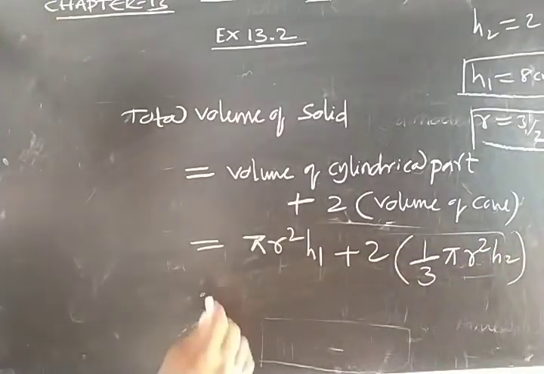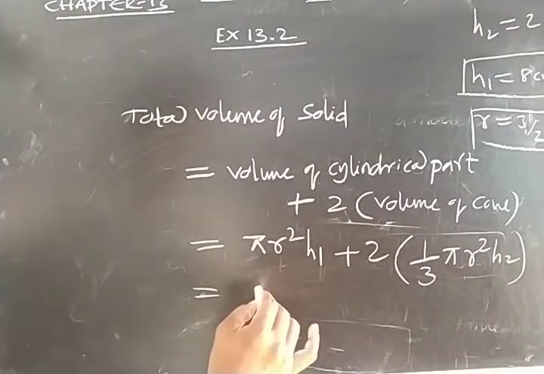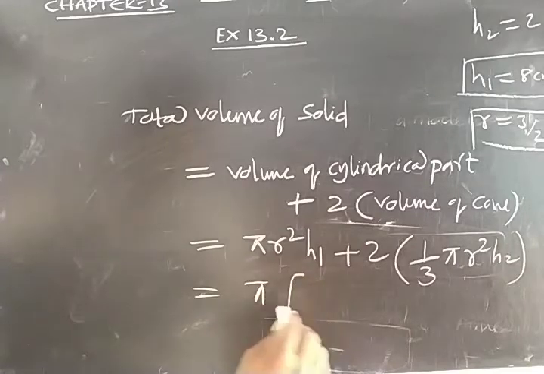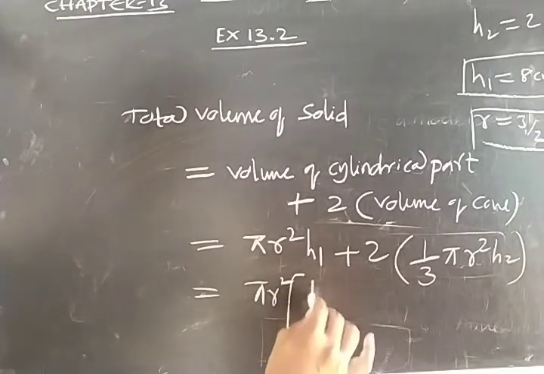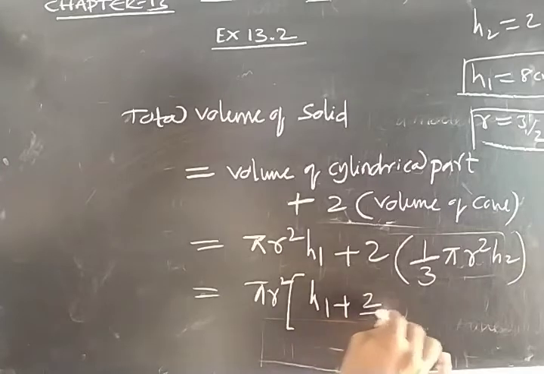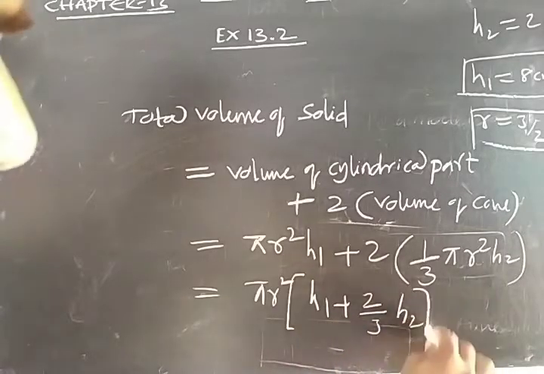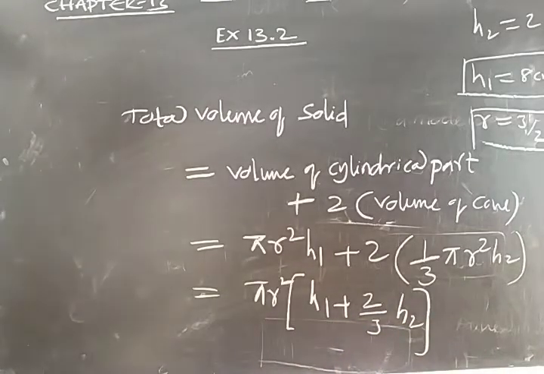Here I am taking pi r square common: pi r square into h1 plus 2 by 3 h2.